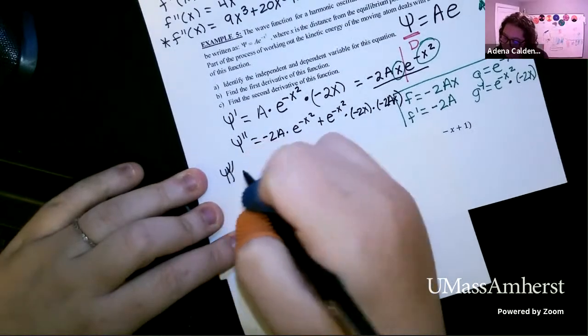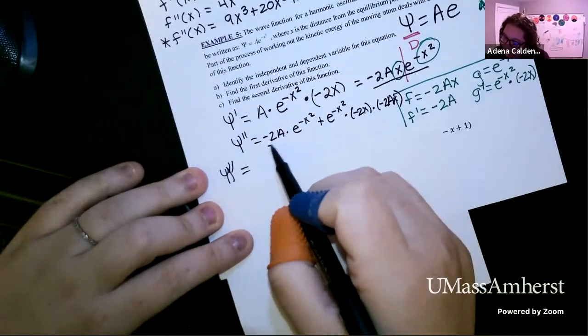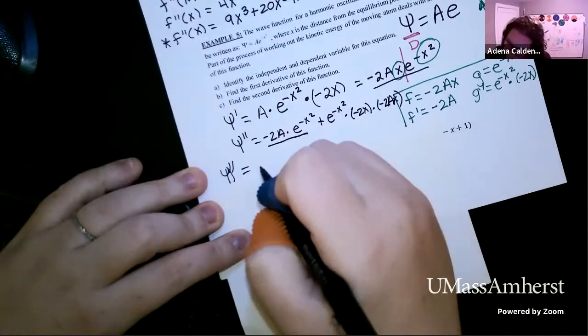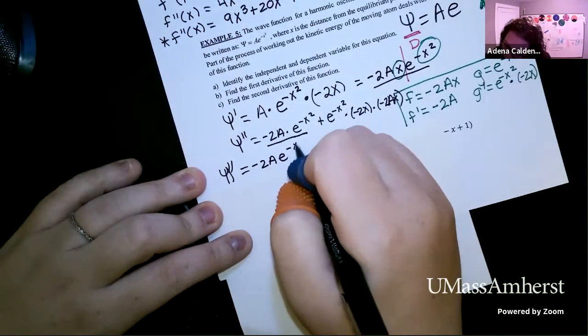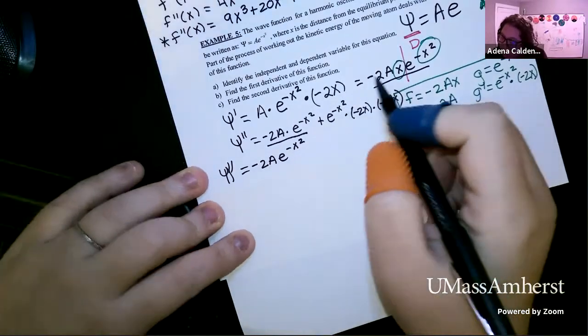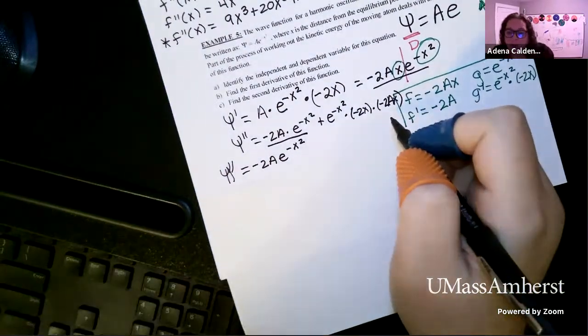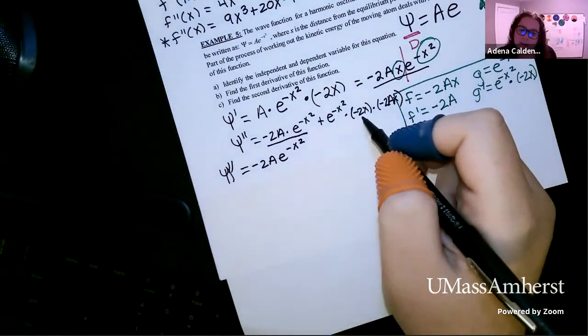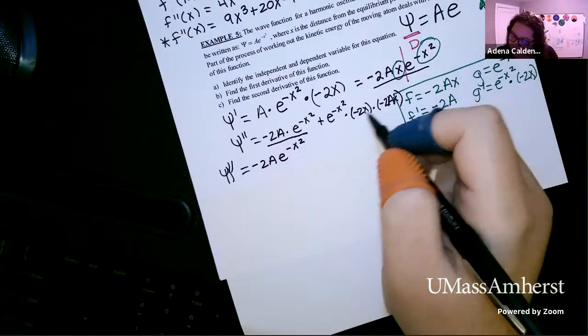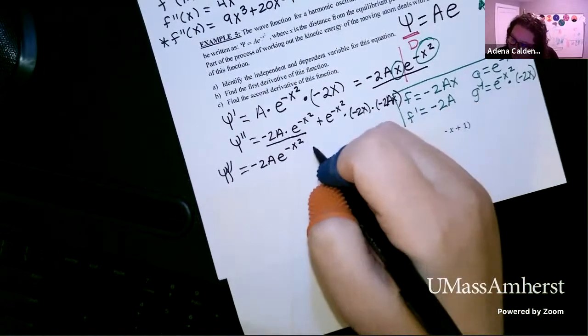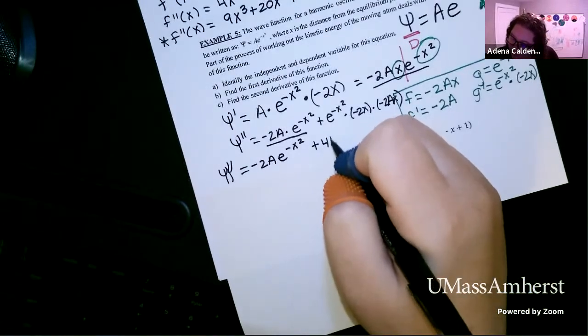Psi double prime. So I look at the first term. It doesn't look like there's anything that can really be simplified. The constants are already at the front, so I'm going to leave that as is. Now, when I look at the second term, I think about what the constants are. I have a negative 2 here and a negative 2a here. So the negatives are going to cancel, and I'm going to have 4a.